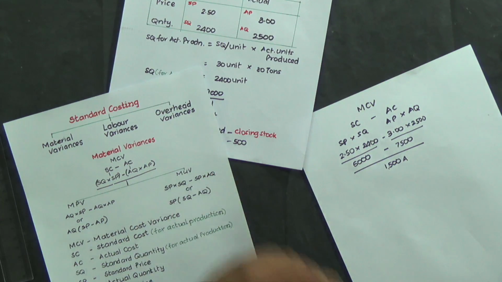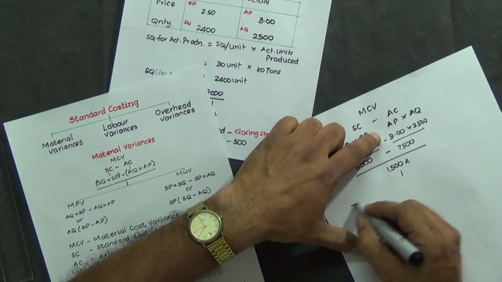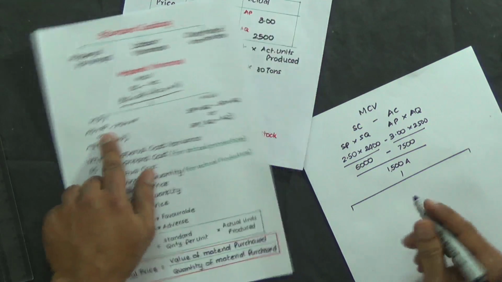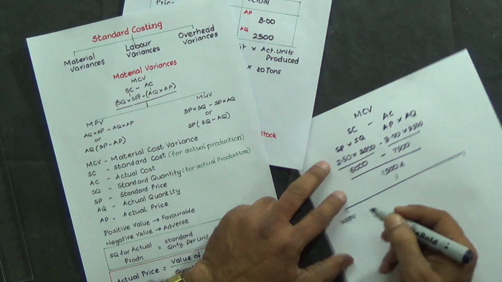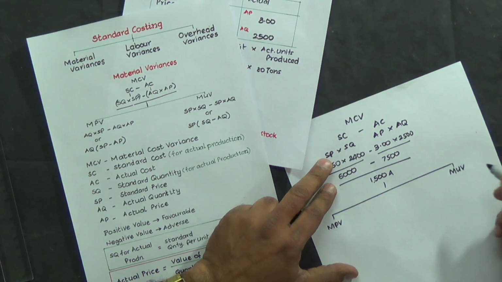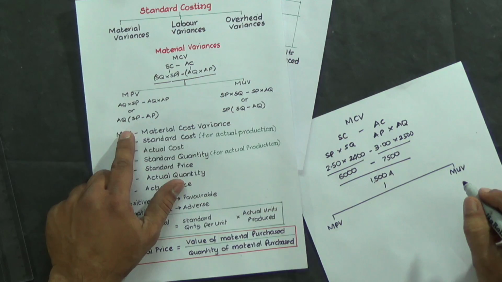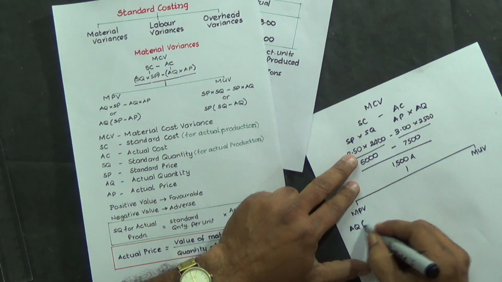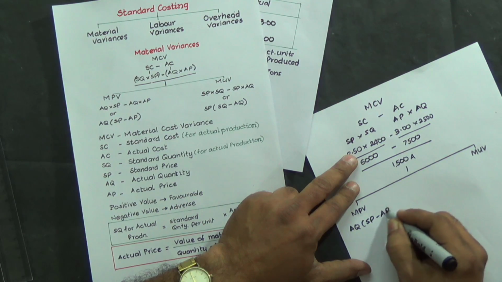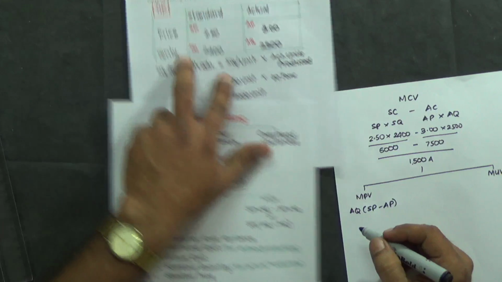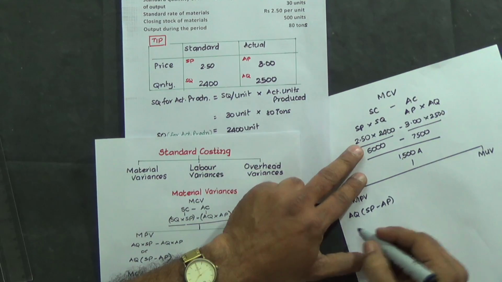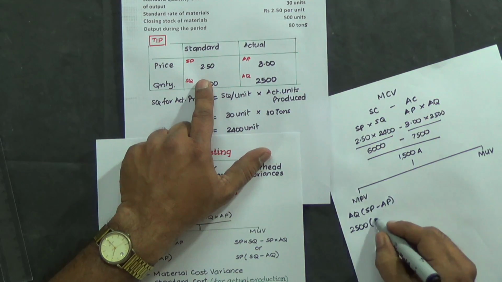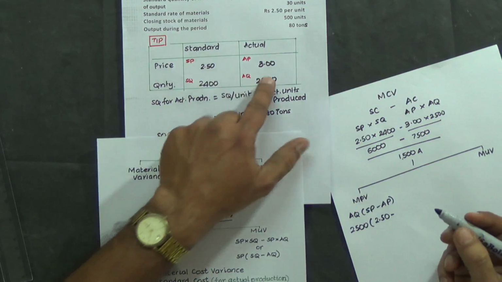This is further split into material price variance and material usage variance. Material price variance is actual quantity into standard price minus actual price. Actual quantity is 2500, standard price is 2 rupees 50 NP, actual price is 3 rupees.